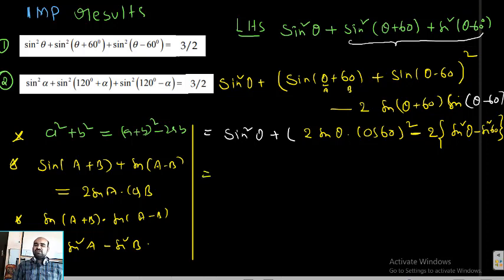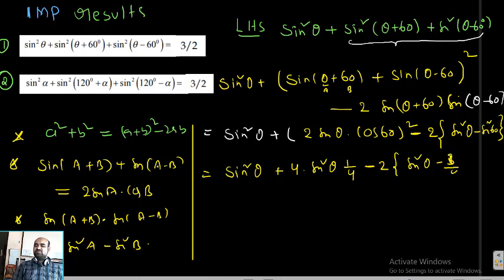Now I want to simplify that. Sin square theta as it is, plus 2 square means 4 sin square theta, cos 60 means 1 by 2, 1 by 2 square means 1 by 4, minus 2 into sin square theta minus sin 60, root 3 by 2 square means 3 by 4. Cancel.